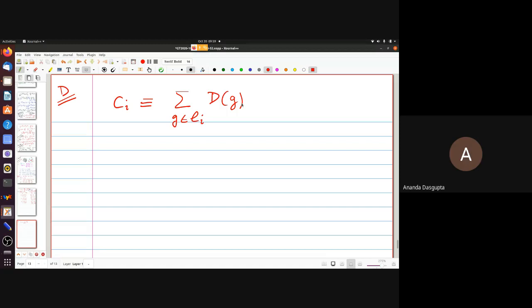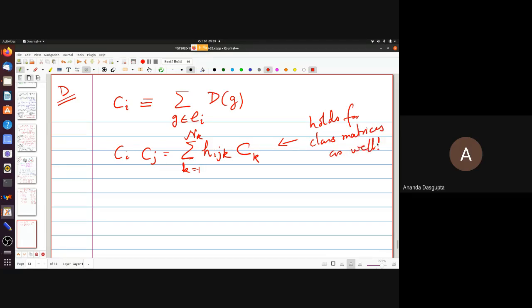And now, what will immediately happen is that the result that we wrote down must hold for class matrices as well. Do you realize that?